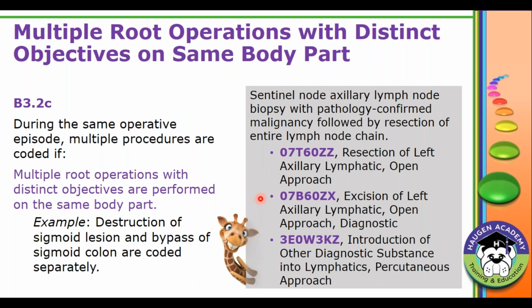So even though they kind of removed a couple of lymph nodes and then they went on to remove that entire chain, that whole procedure is not included in our resection code. So yes, that includes our definitive treatment to take all of those lymph nodes, but then our biopsy code is coded separately.